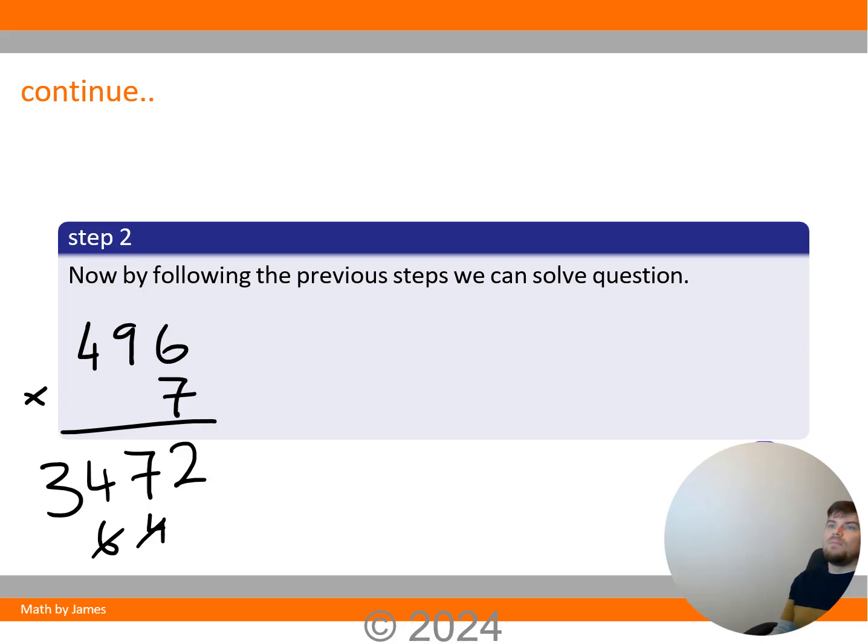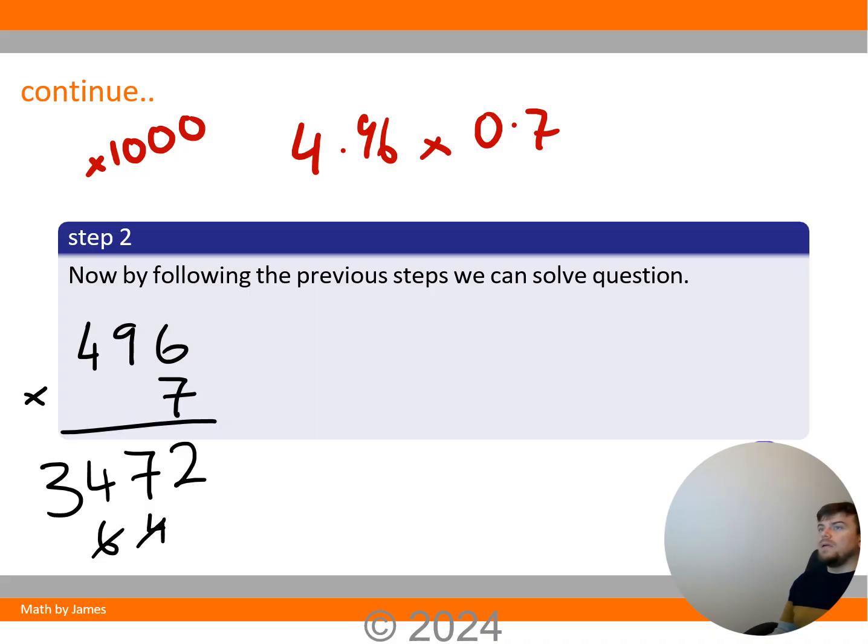After this, because we multiplied by 1,000 originally, because it's 4.96 times 0.7, we have to divide this by 1,000. So when we divide by 1,000, our decimal point is here.